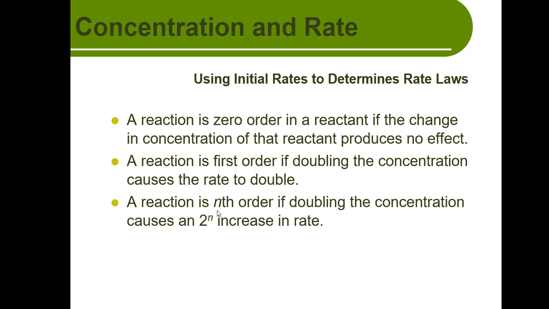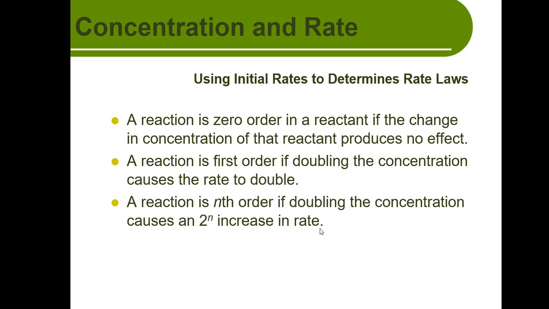Now, a reaction is nth order if doubling the concentration causes a 2 raised to n increase in rate. So take note of the pattern here. If we change the term doubling to tripling, then this will be 3 raised to n.